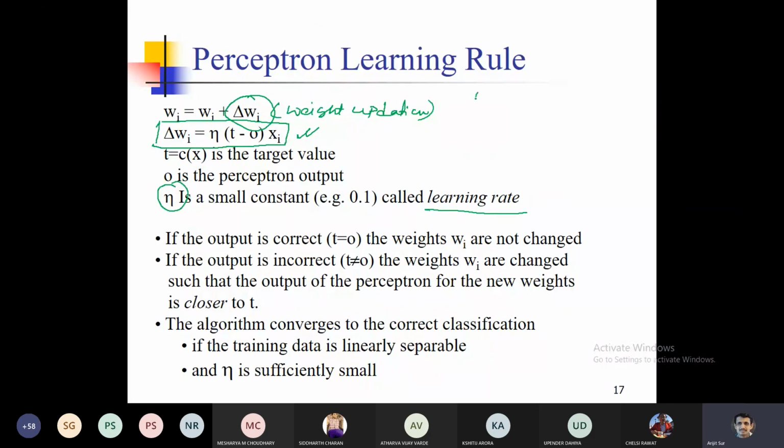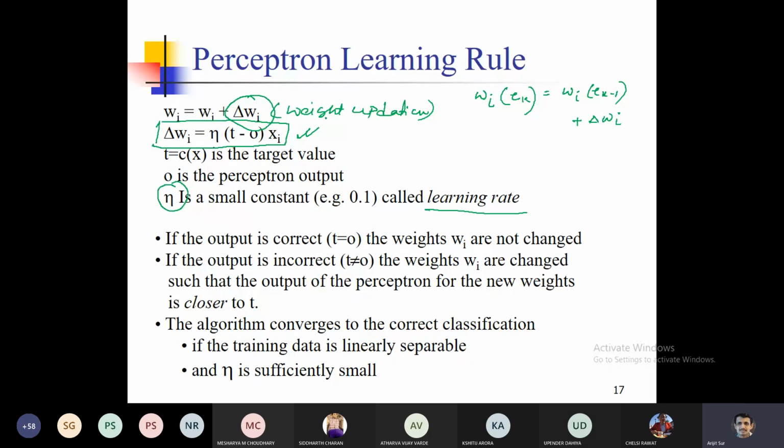Wi is the previous weight, at epoch k, so Wi at epoch k minus 1 plus delta Wi. So this is the weight change. These are the weights we have to change in this way.